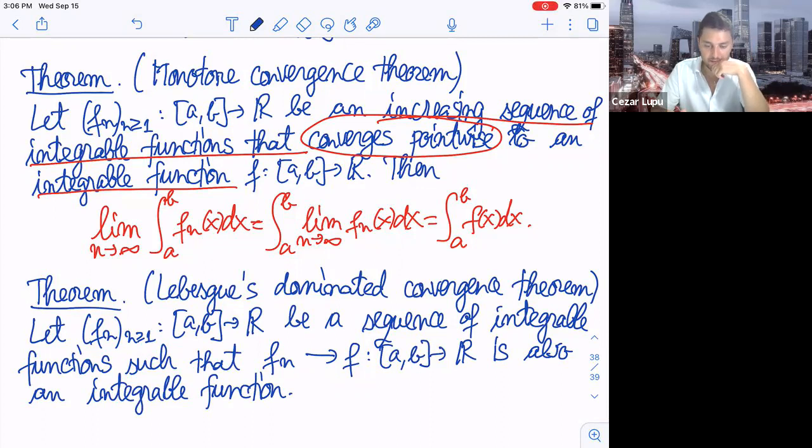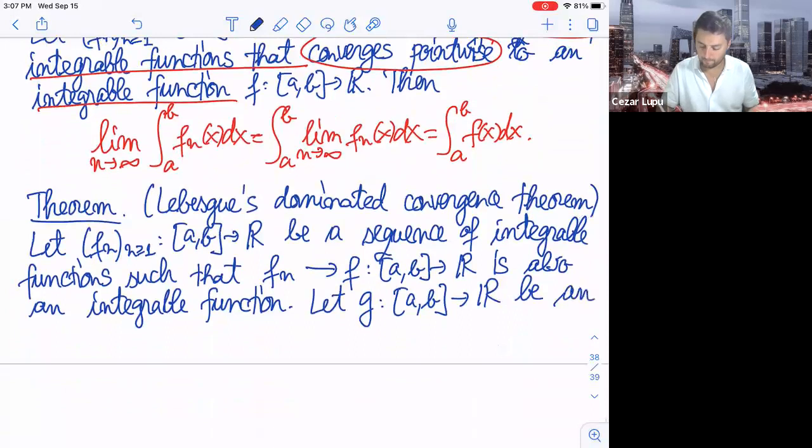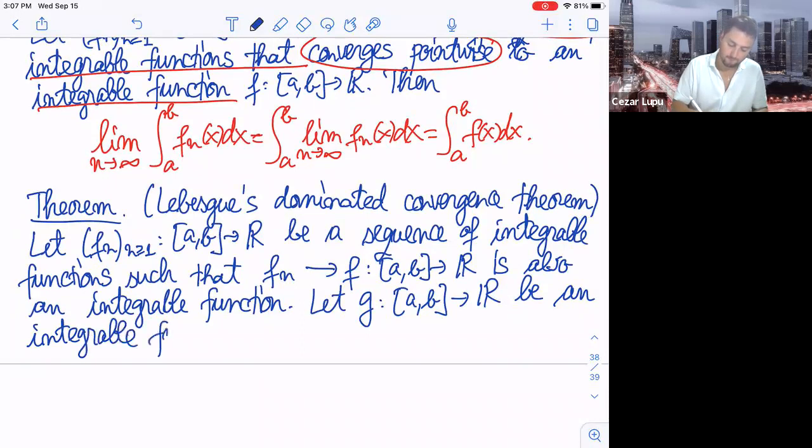Let g be an integrable function as well. All right, great.